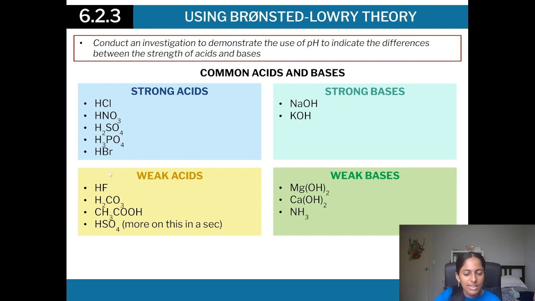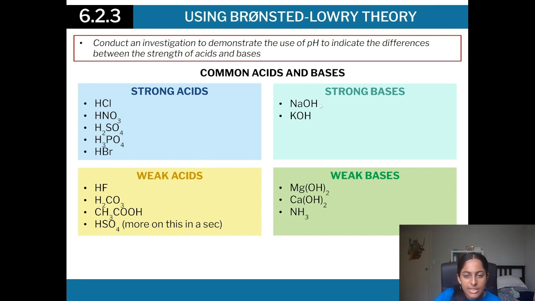I'll get to that later. And weak acids are typically acids that have halides in them, except HBr, so things such as HF, and something like carbonic acid, acetic acid, and HSO4, which is similar to H2SO4, is also weak. So I'll get to that later.